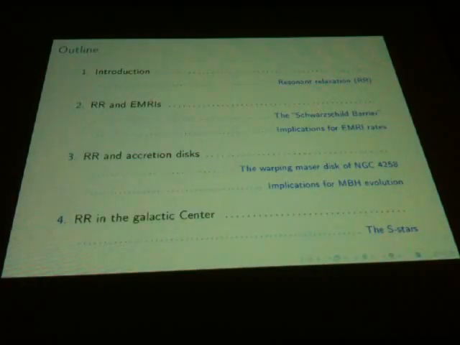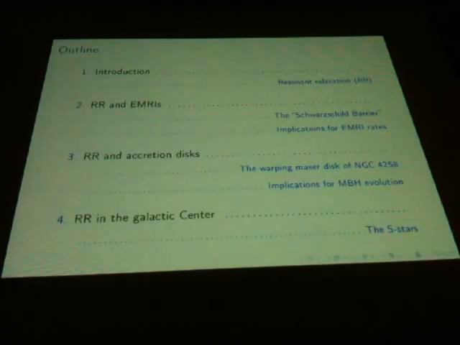I will then discuss the recent result from a work led by David Merritt, where we uncovered a new dynamical mechanism which we call the Schwarzschild barrier, which actually prevents, or suppresses, stars from becoming EMRIs.